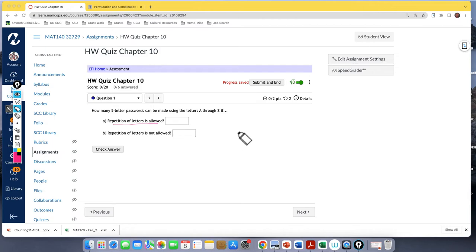We probably learned that in 1st or 2nd grade when we learned our ABCs and we forget it. But so there's 26. So if there's going to be a 5-letter password, 1, 2, 3, 4, 5, we could have 26 letters here, 26 here, 26 here, right? So that we'll calculate as 26 to the 5th power.